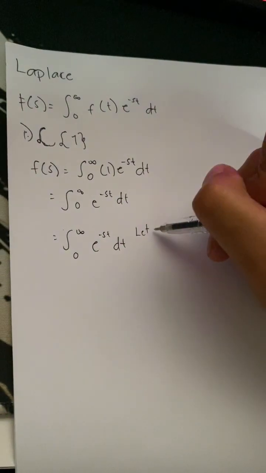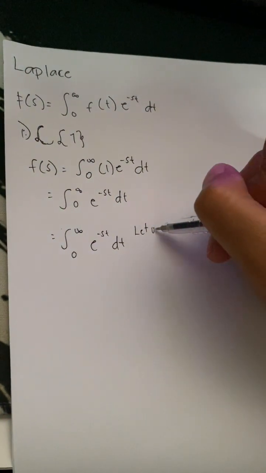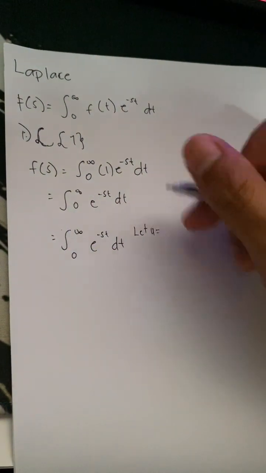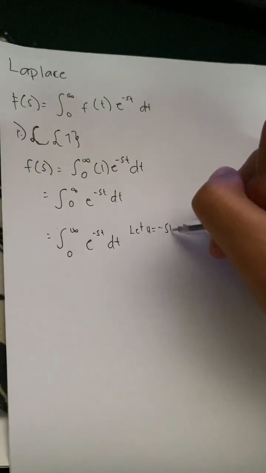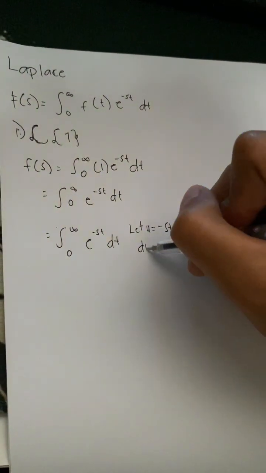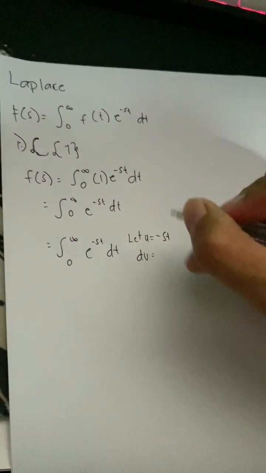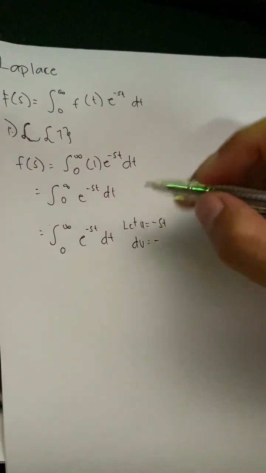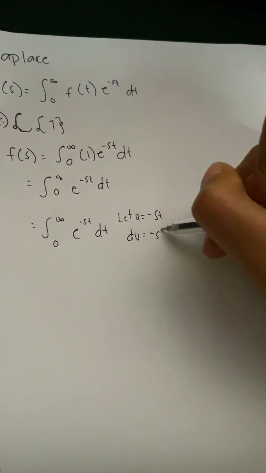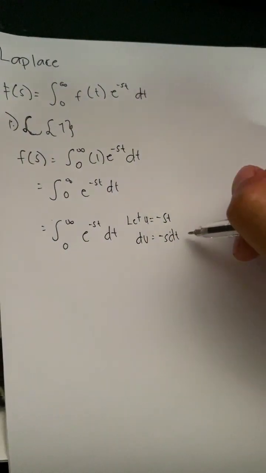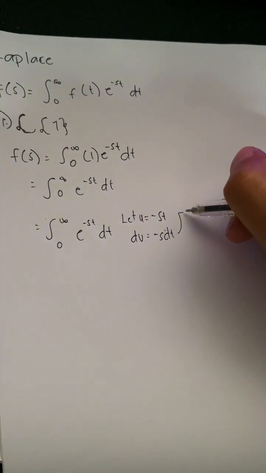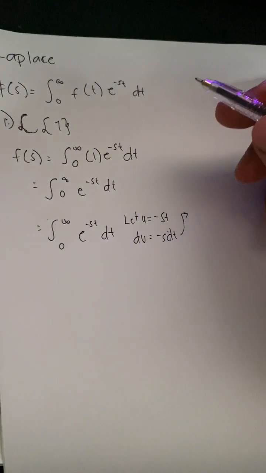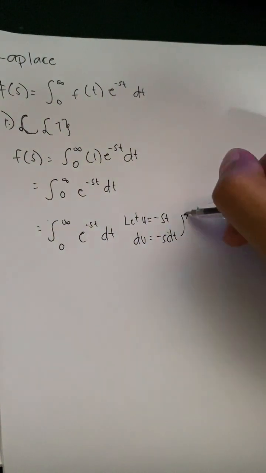So we have the integral from 0 to infinity of e raised to negative st dt. Let u equal negative st. Then du, taking the derivative with respect to t, is negative s dt.